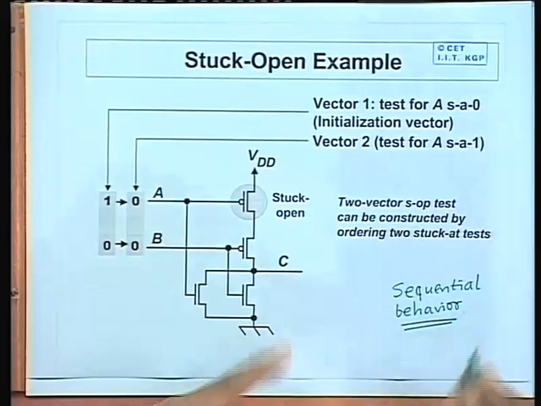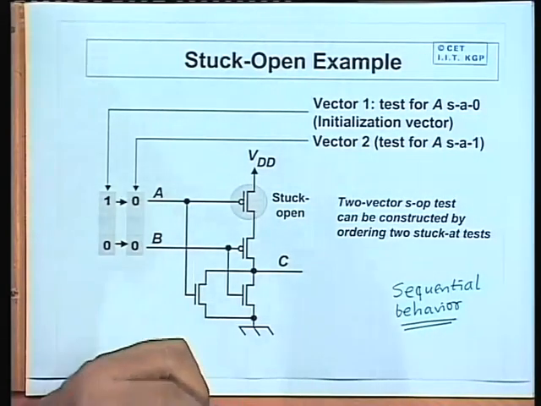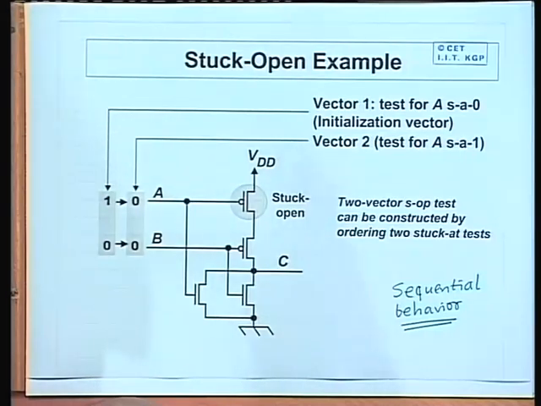What I mean by sequential behavior is that the combinational circuit now behaves somewhat like a sequential circuit. This means that the output which you get in the present instance depends on the output which was there in the previous instance of time. This is not in the spirit of a combinational circuit, because in a combinational circuit the output depends only on the applied inputs at the present point in time. So, let us see why this happens.